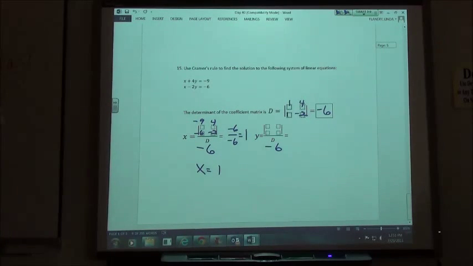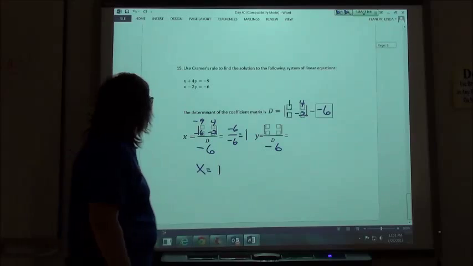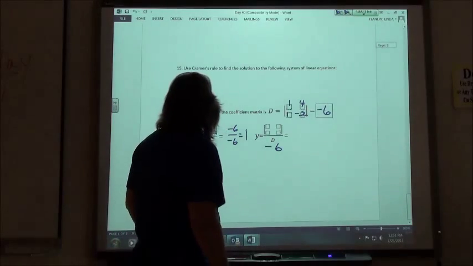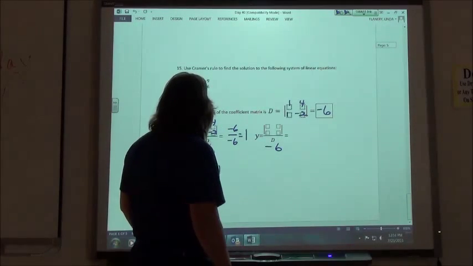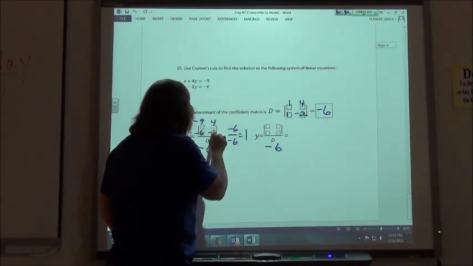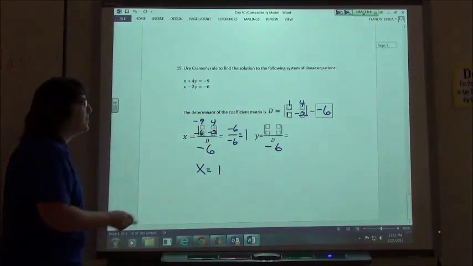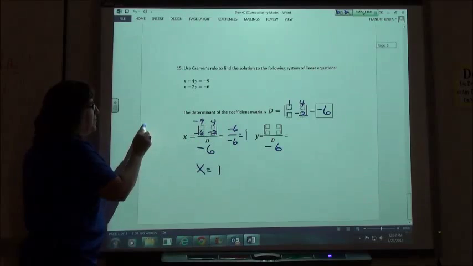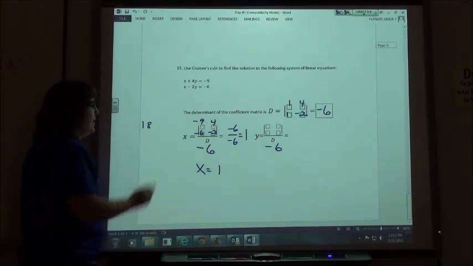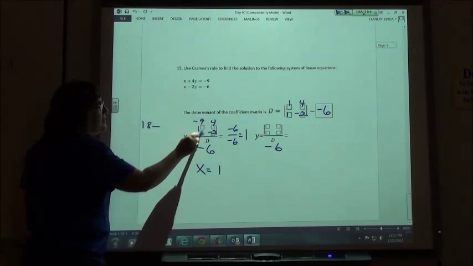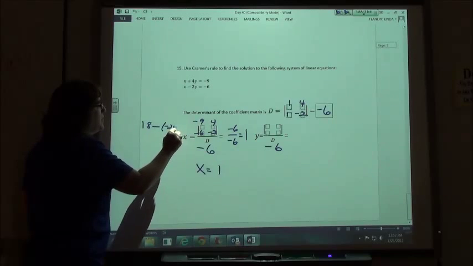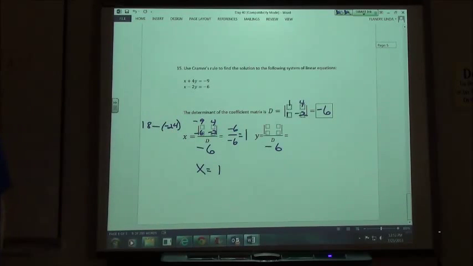And D sub y, our determinant for that one would be, wait a minute here. Let's check your work. Negative 9 times negative 2 is 18, right? Then I have to subtract negative 6 times negative 4, which is a minus 24. If I'm subtracting a negative, I probably better add.